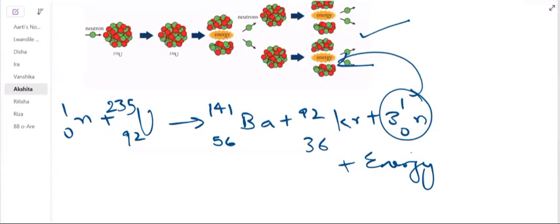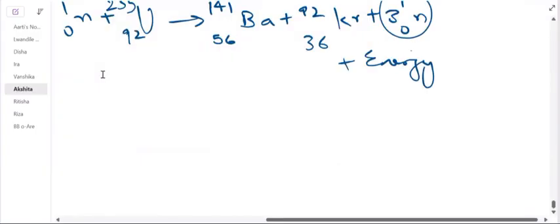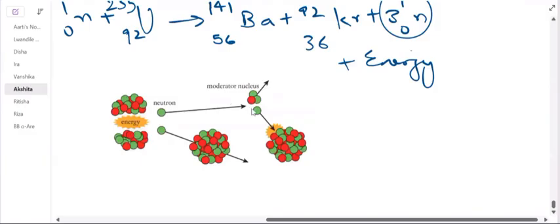Understood? Yes, ma'am. Akshita, any doubts? No, ma'am. So this is how the moderator nuclei participate. When we have the neutrons, they collide with this, they become slow, and hence with this particle, they collide.